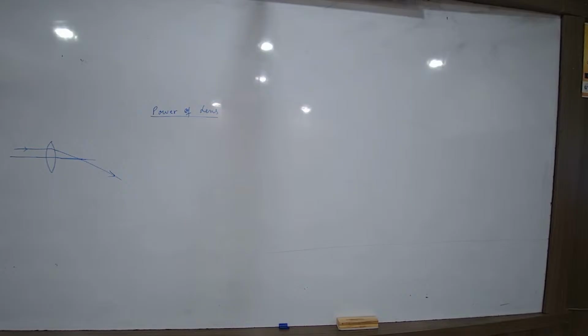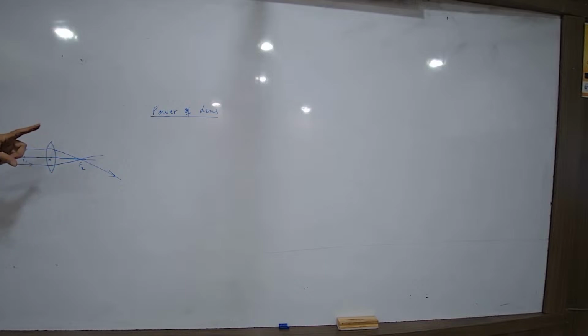The rays are coming from infinity, so we have drawn dotted lines like that. This is O. It is meeting here, that is your F1 and this is your F2. All these rays are meeting at a point, and therefore it is a converging lens.